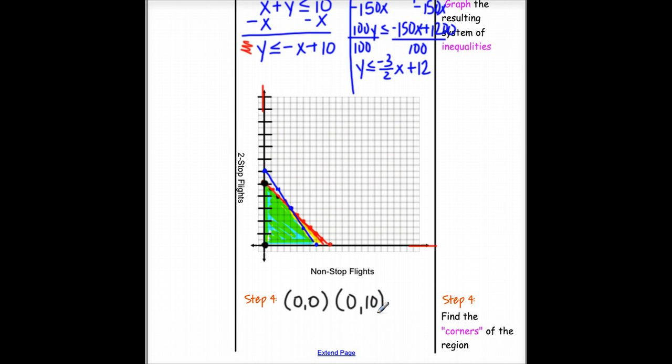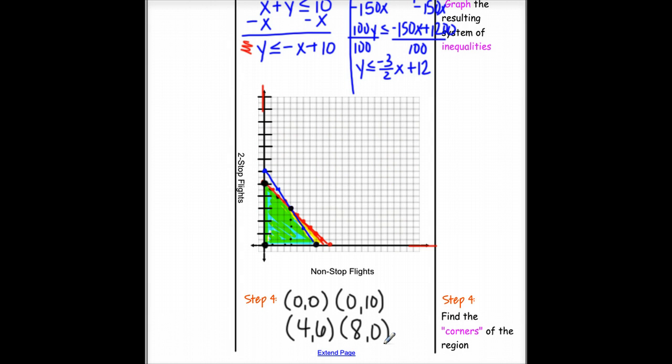I also have the point of intersection right here, which if I count is over 4 and up 6, so 4, 6, as well as this point here, which if I count over is at 8, 0.